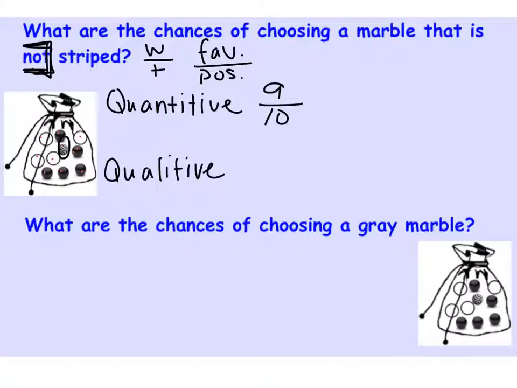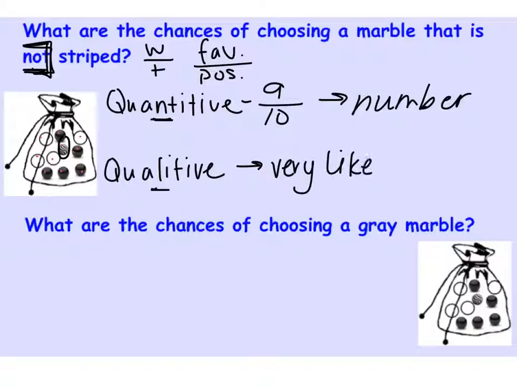So this is the quantitative number. Qualitative is the word. This is very likely. If likely is about 75%, very likely means it's very likely of happening. So again, this is your words or descriptions.